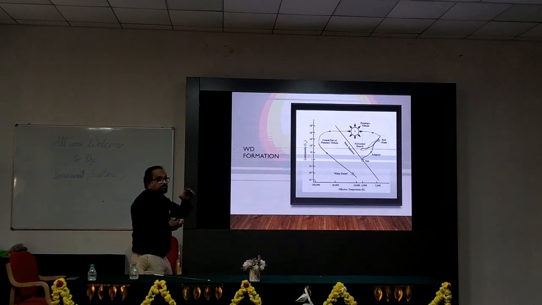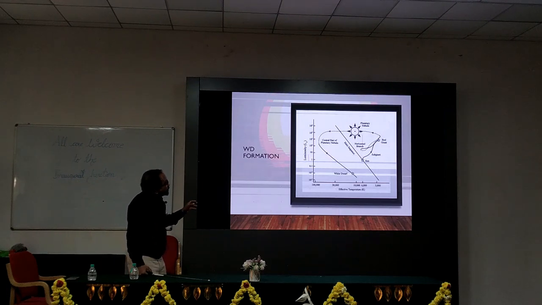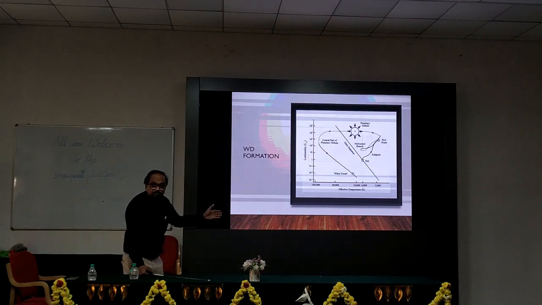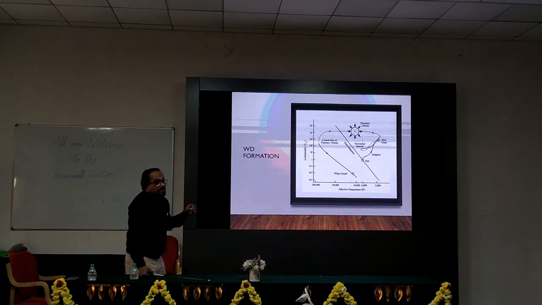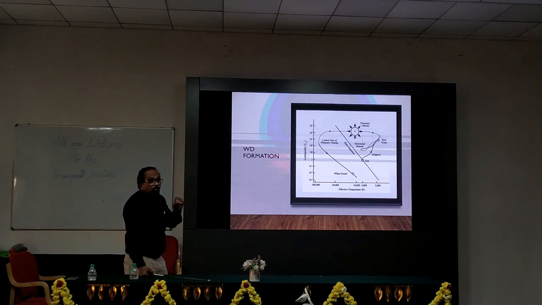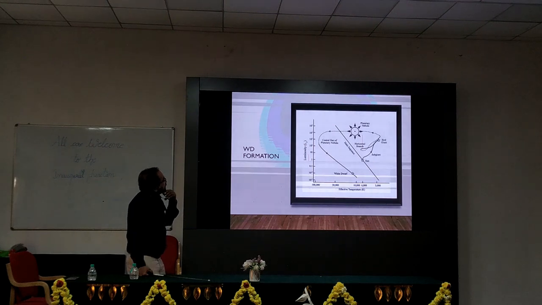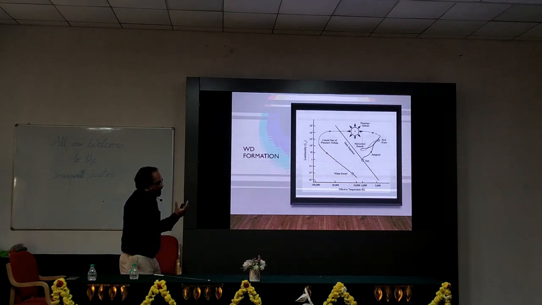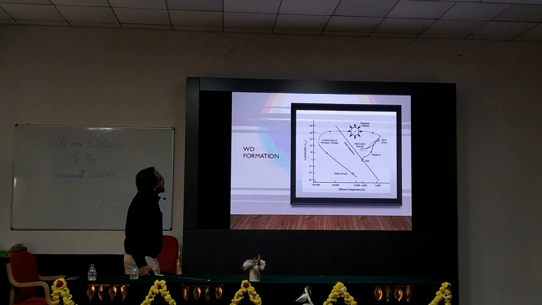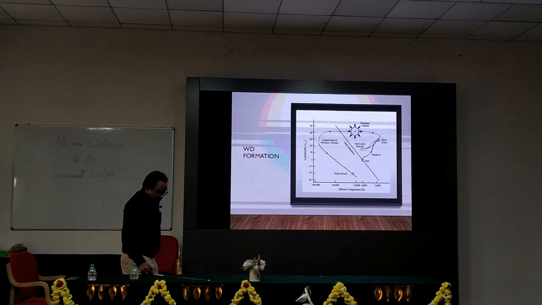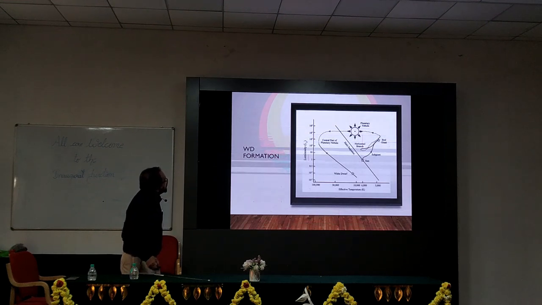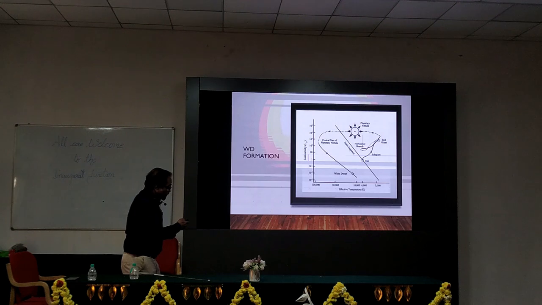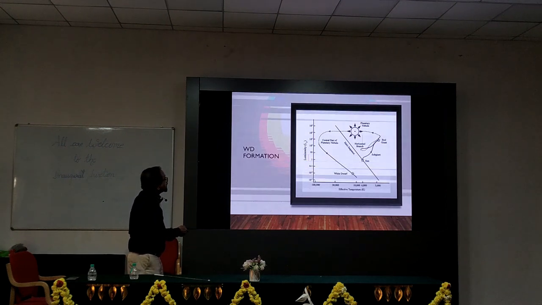So it undergoes several oscillations from and towards the main sequence, and finally it will explode in the form of a planetary nebula when there is no more energy available in the core to keep the core intact. So the surface of the star will be blown away and what remains would be the white dwarf at the core. That is the theory of formation of white dwarfs.